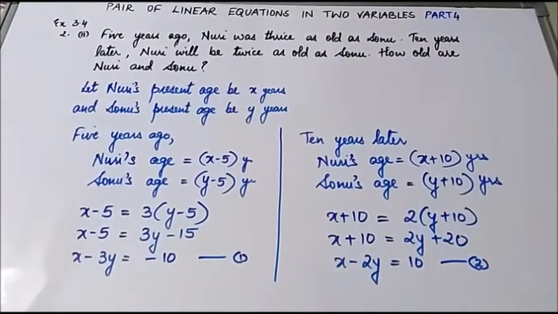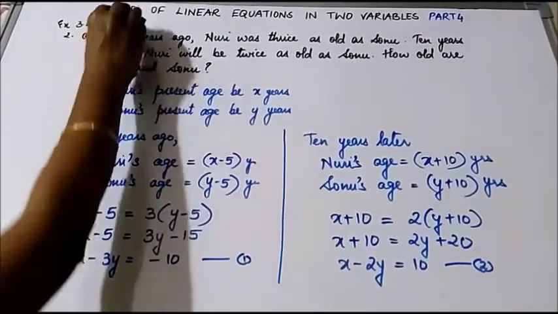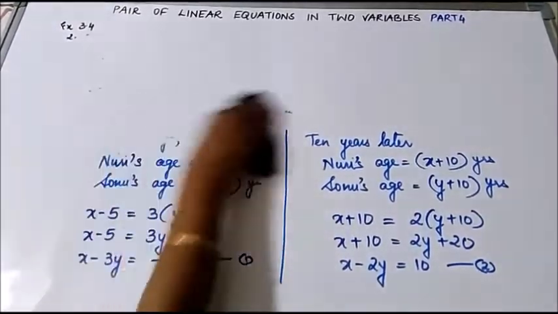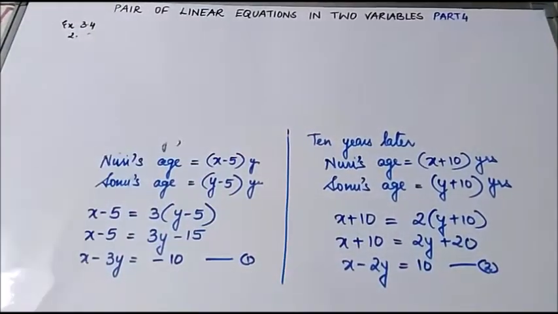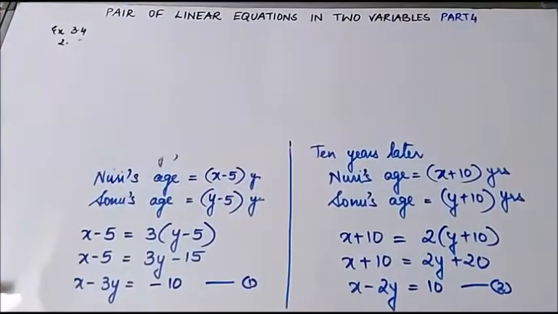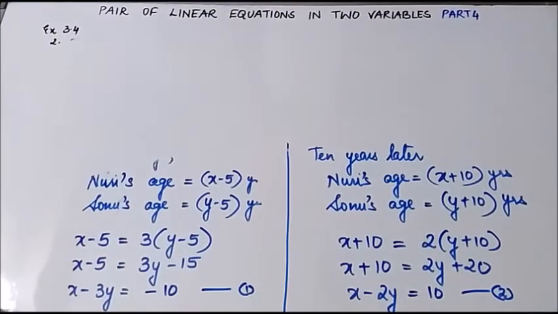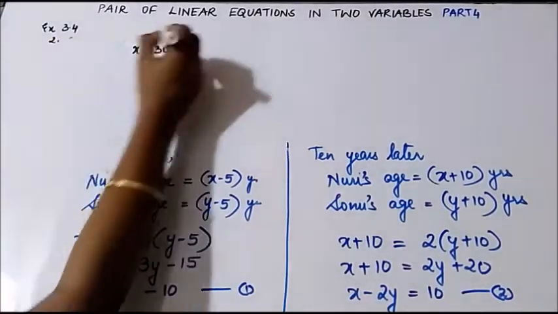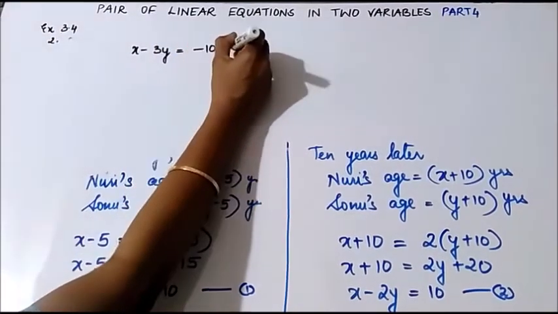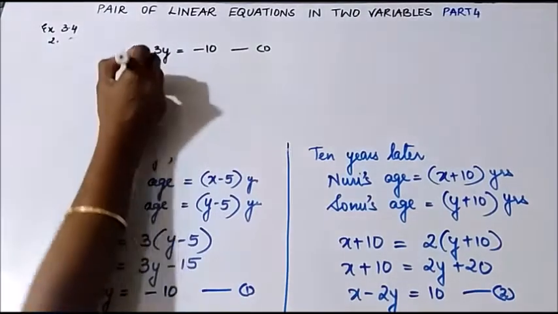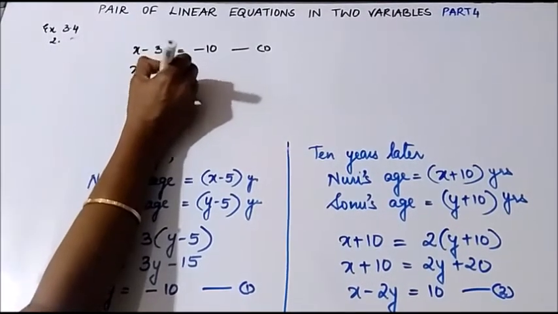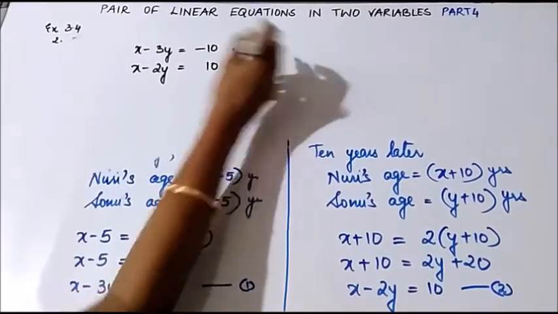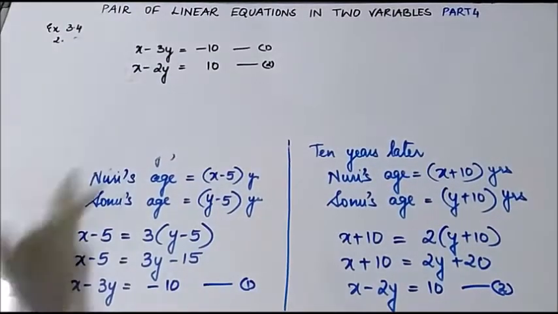Okay, now we have to solve both the equations and we'll be doing it by elimination method. Here we have got the first equation x minus 3y is equal to minus 10 and x minus 2y is equal to 10. Here you can see the coefficient of x is equal.